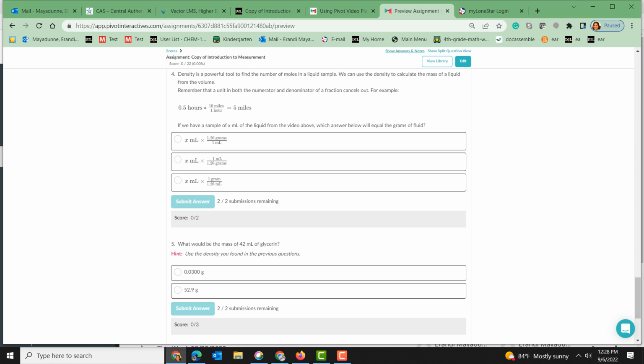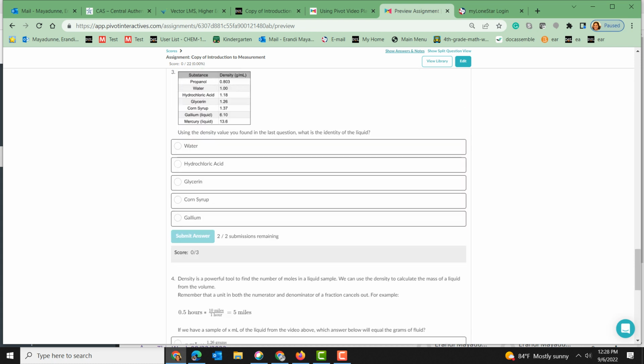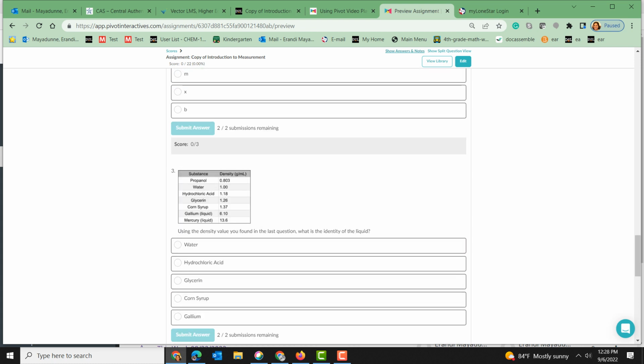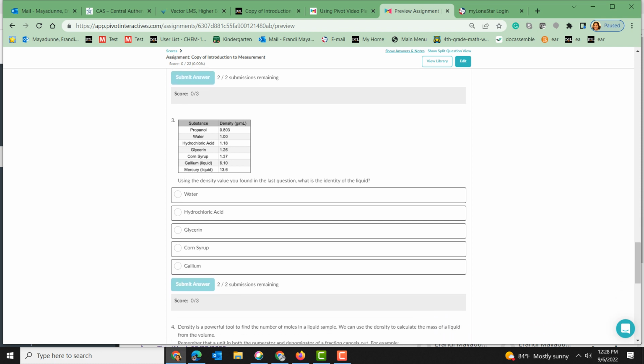What would be the mass of 42 milliliters of glycerine? You have to find the density from the table. The density of glycerine is 1.26 grams per milliliter. Density equals mass divided by volume, so you have to find the mass.